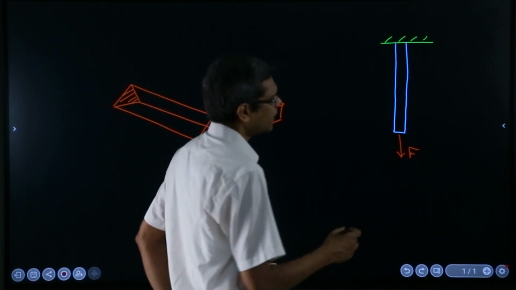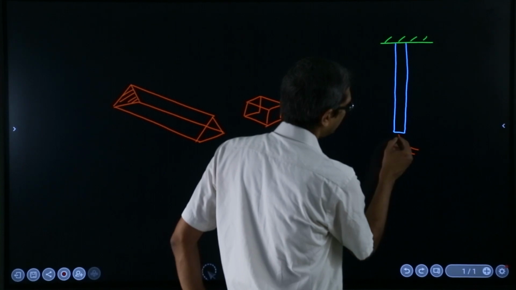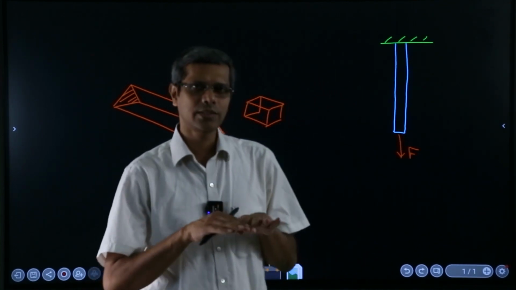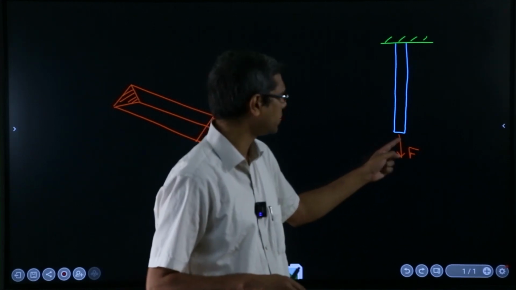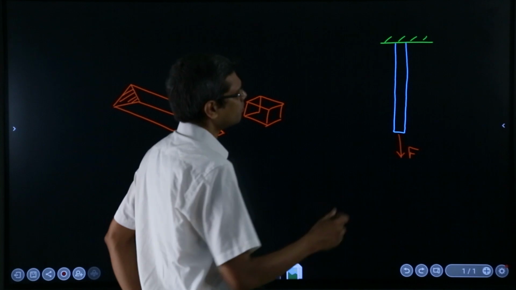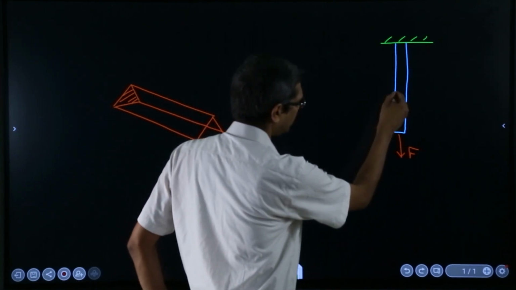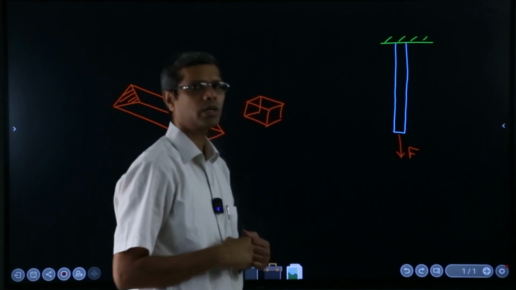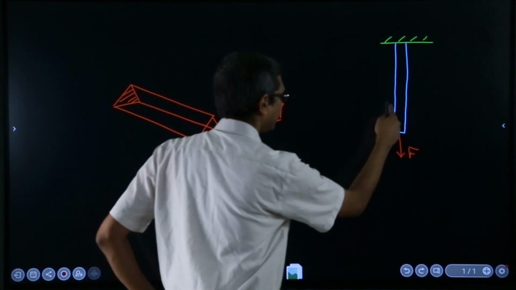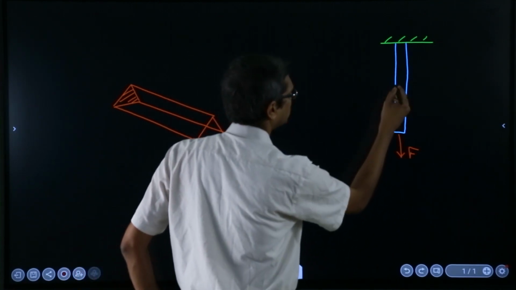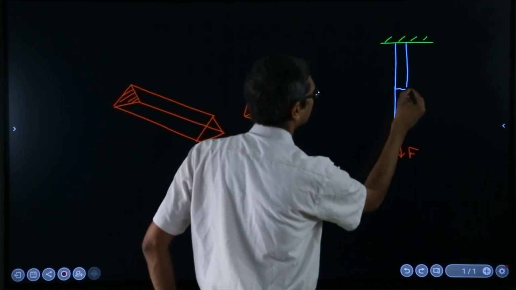Now here what we are saying is this force you should try to apply as uniformly as possible on this area of cross section, because our requirement is that if we see the stress anywhere in the cross section, we want it to be as uniform as possible. For example, let me take some area of cross section, say like this.